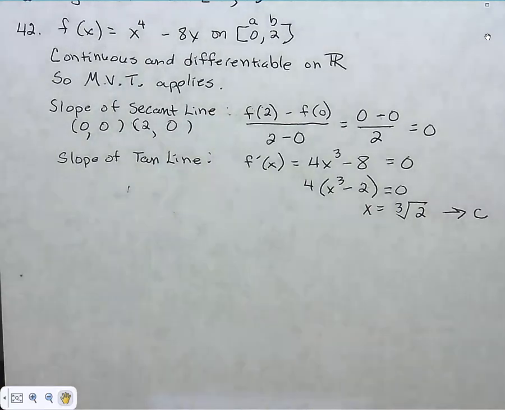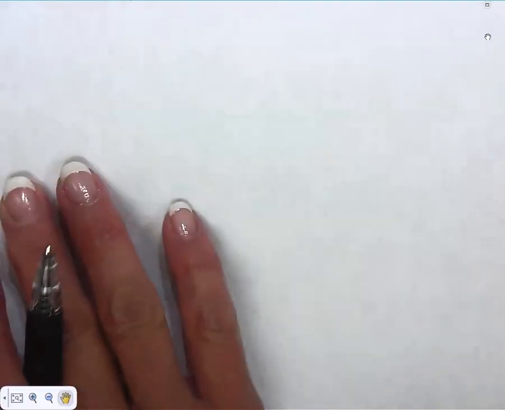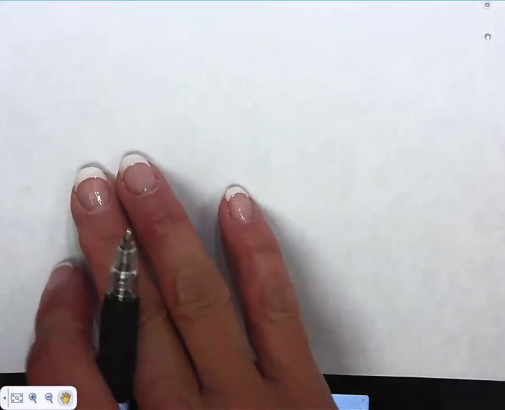All right, most of what we have done has been polynomials or algebraic functions. Let me see, 44 is as well. It's not bad.